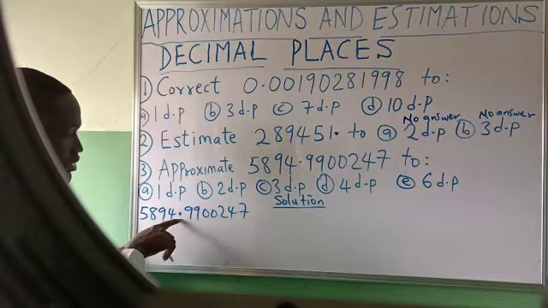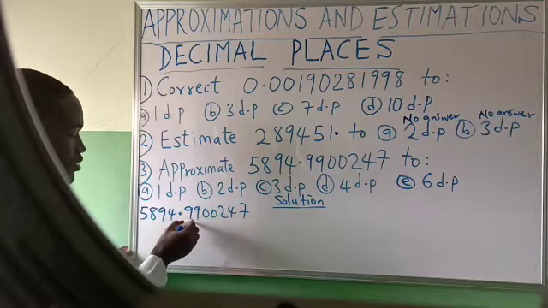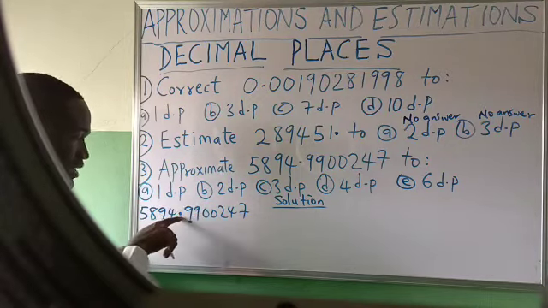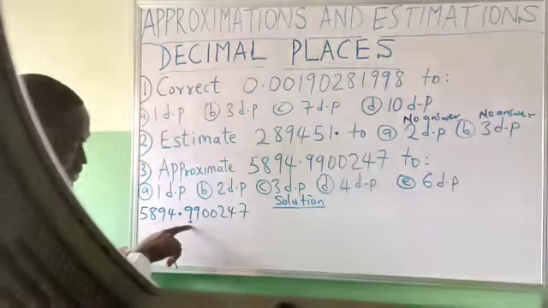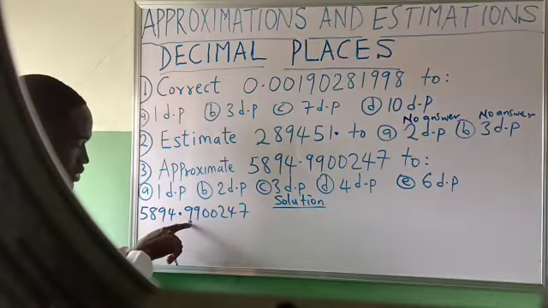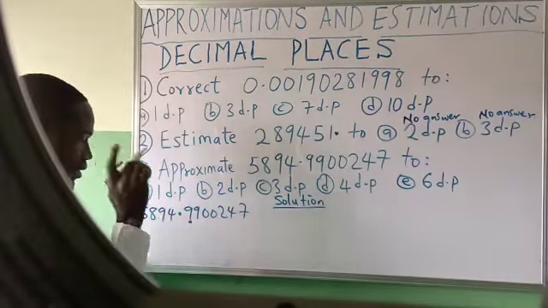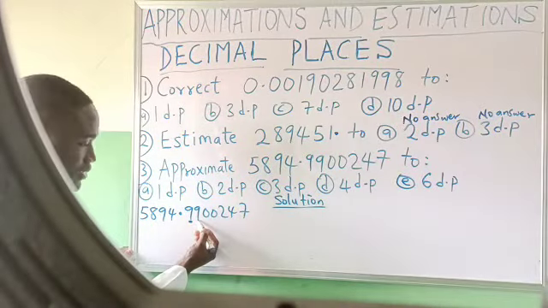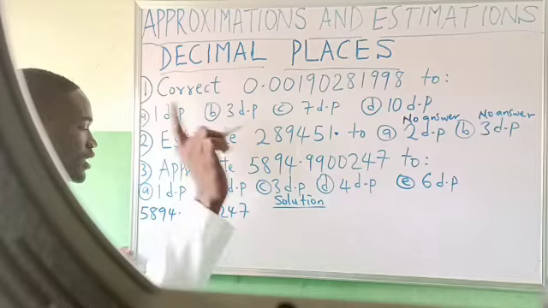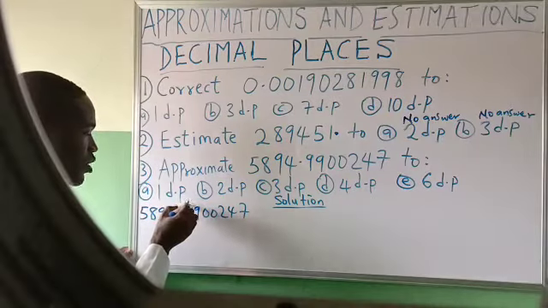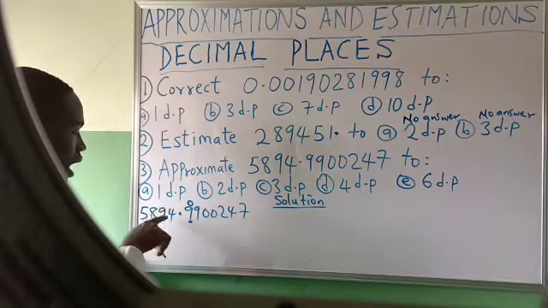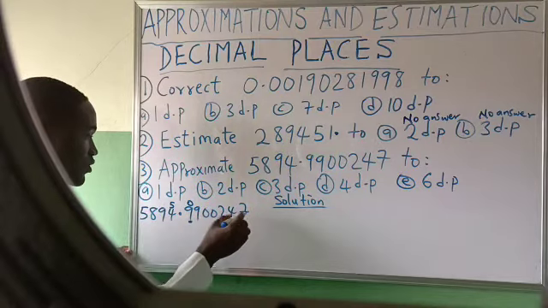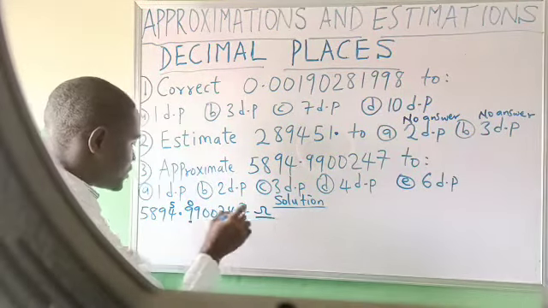I've located it. 1 decimal place means count the first thing after the decimal point. 9 is the first thing after the decimal point. Count it. I've counted 1. Then the next 9, ask it, are you up to 5? Yes. Because it's up to 5, call it 1. Add it to this 9, it becomes 10. Write 0, carry 1. Add it to this, it becomes 5.